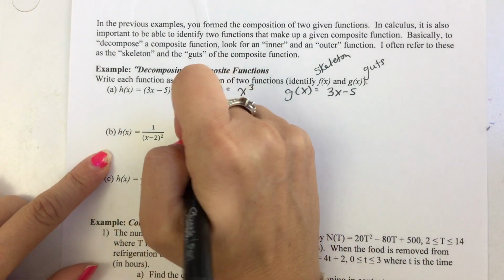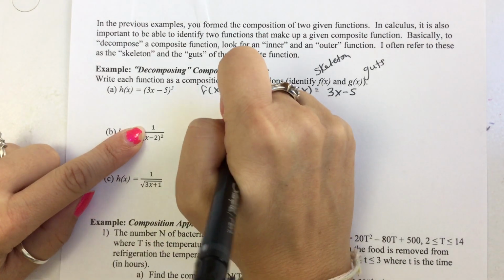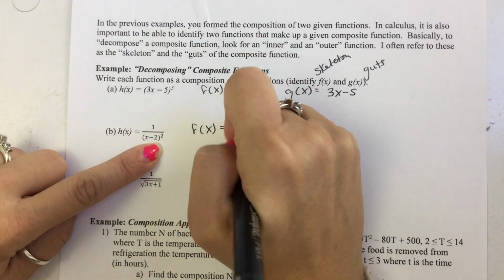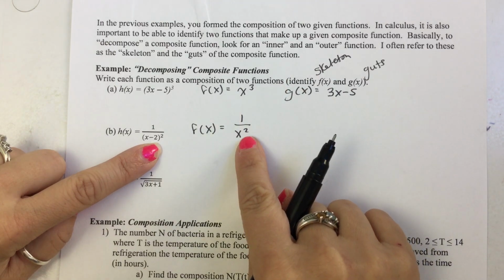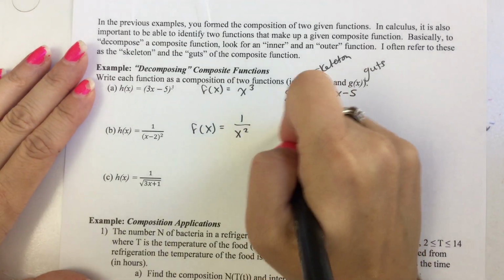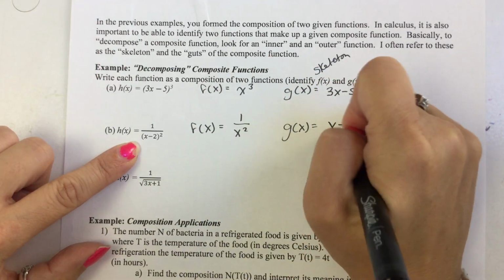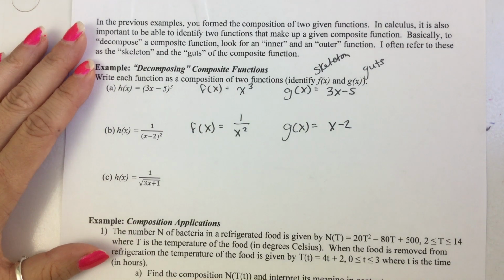Okay, here's another one. If you have a fraction, you have to set that up in the f of x. So I have a 1 on the top because that's the framework. On the bottom, I need to have a power of 2. So your skeleton is 1 over x squared. But g of x, instead of just having x squared, we filled in x minus 2.